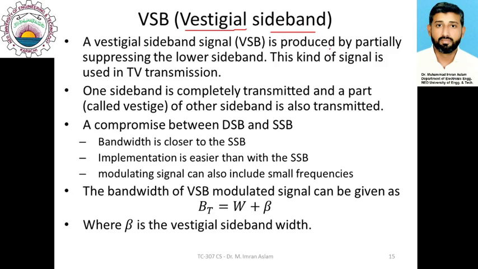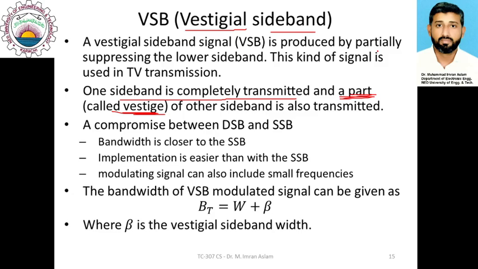In vestigial sideband, we transmit one sideband completely, and for the second sideband we transmit only a part of that sideband. That part is called the vestige of the sideband. So in vestigial sideband only a portion of the lower sideband is suppressed, not the entire sideband.